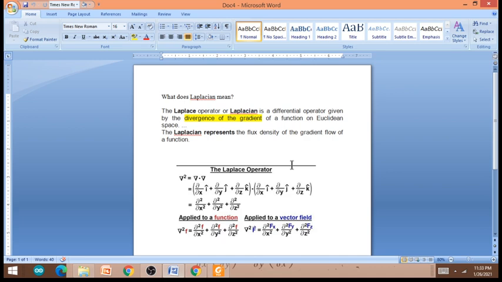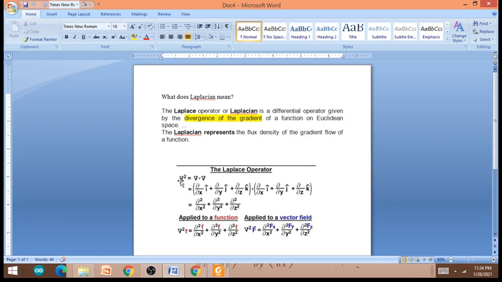In addition to this, the Laplacian represents the flux density. So we have already seen that if we need to find the density of a gradient flux or the gradient flow, then we can find the Laplacian of that particular function.